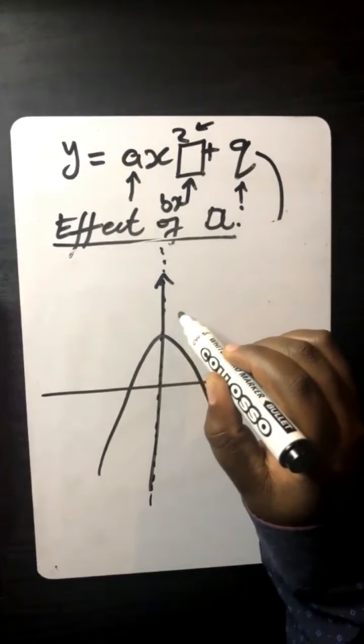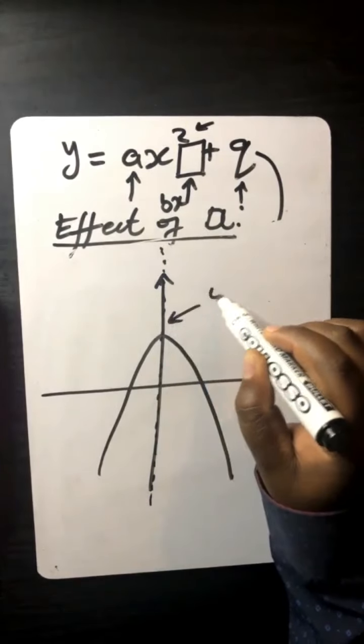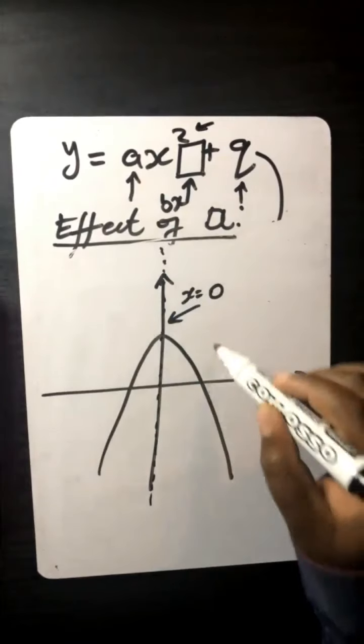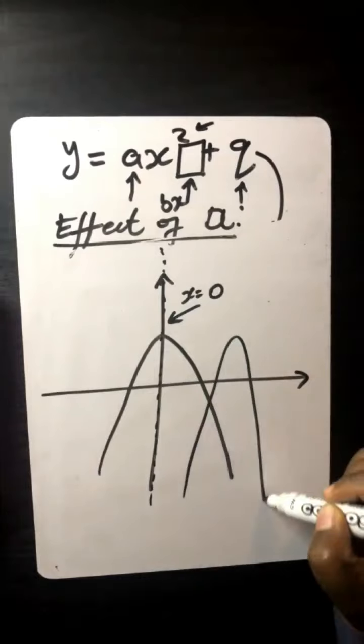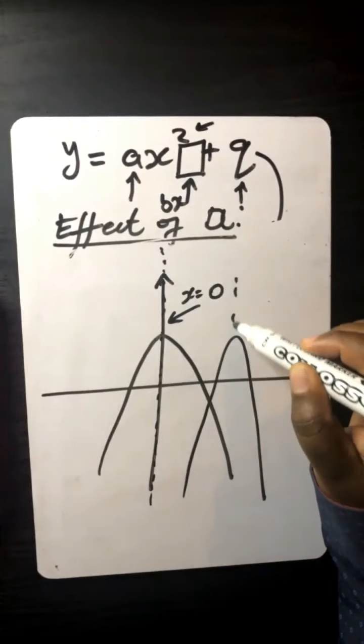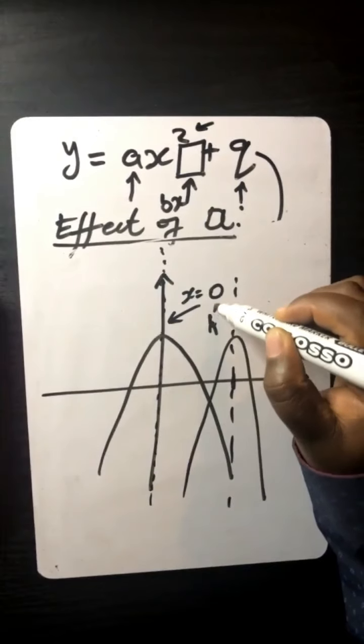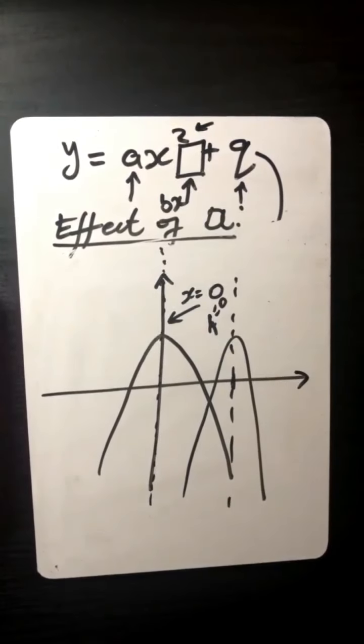So obviously your axis of symmetry, x, is going to be 0, unlike a graph similar to that, where your axis of symmetry is whatever that x value is. Does that part make sense? Yes, sir.